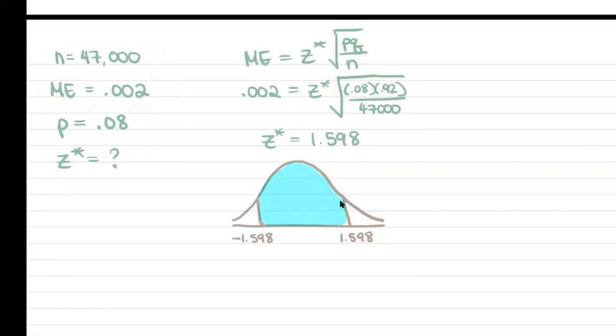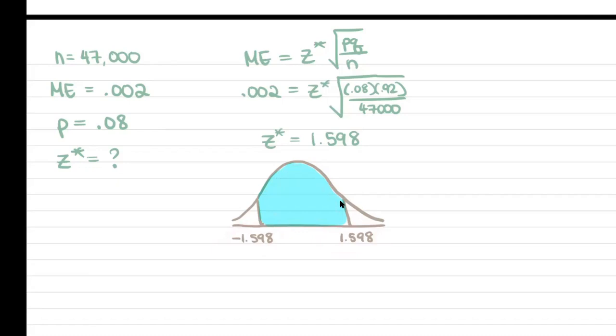Then I divided both sides by that square root term, and I got a Z star of 1.598. Now think about the link between Z star and the confidence level. Negative Z star to positive Z star in the normal model cuts off an area, and that area is what percent confidence I will have in this confidence interval.